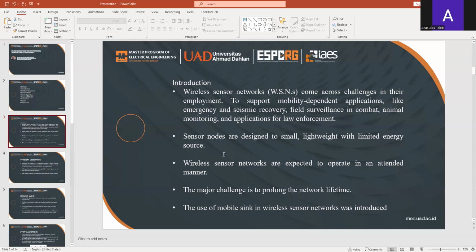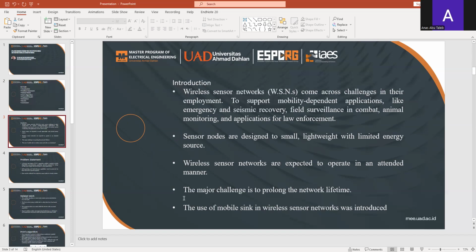Also, due to the hostile environments in some applications, the wireless sensor networks are expected to operate in an unattended manner for long periods of time. As a result, the major issue here is to keep the network working and prolong the network lifetime as much as possible.